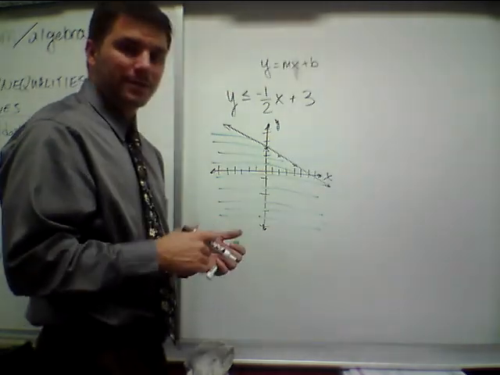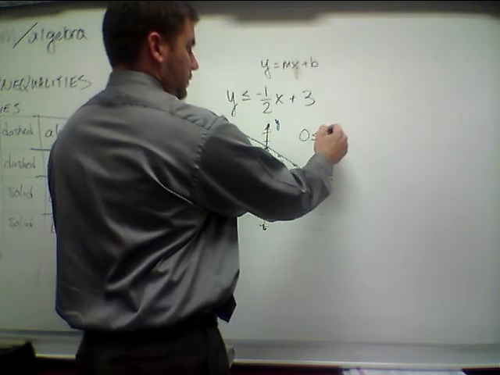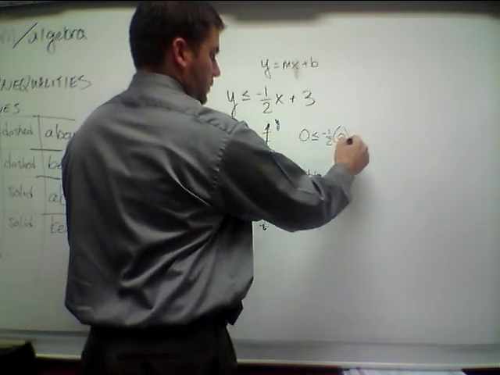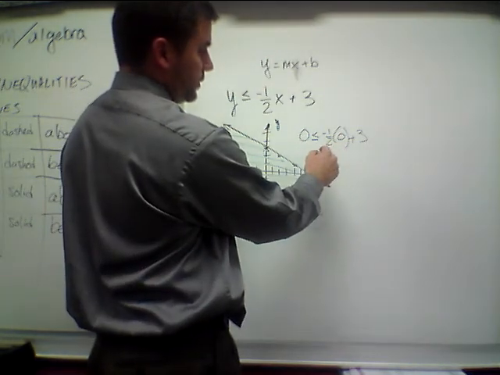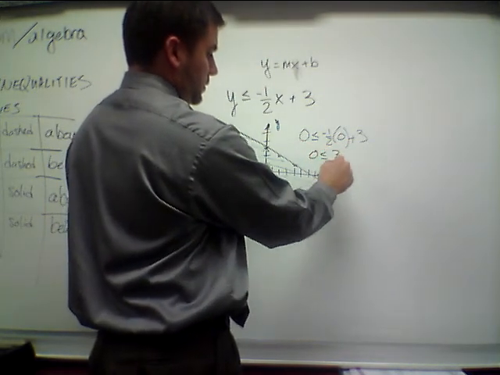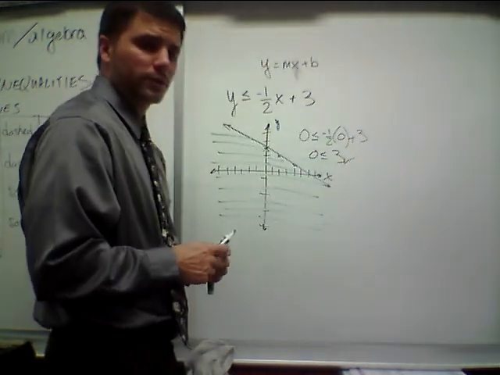Take your origin as an example, plug it back in, check your work. (0, 0), -1/2 times 0 is 0. And yes, 0 is less than or equal to 3, and this is your solution.